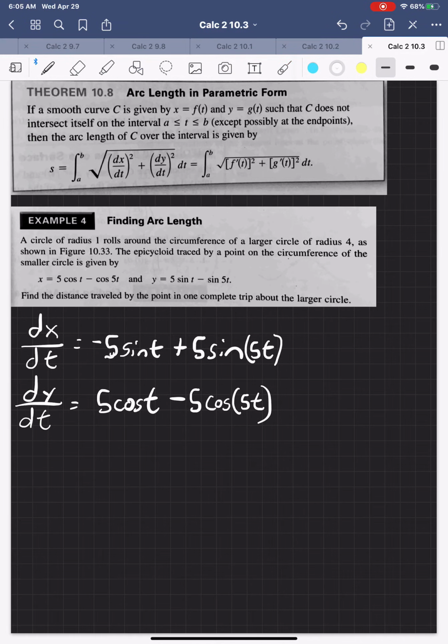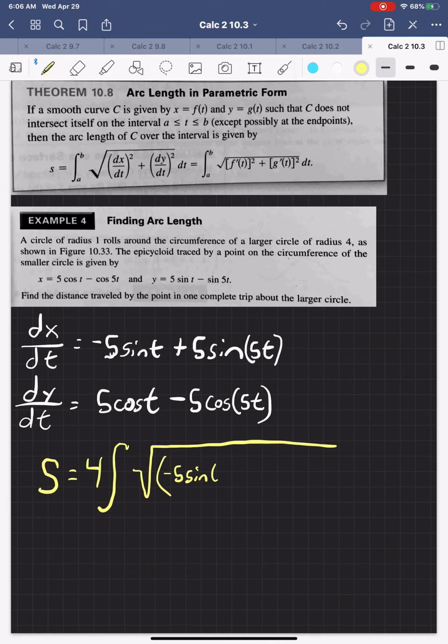All right, ready? Let me write the arc length formula. S is equal to 4 times, and if you have to rewind, you'll see where the 4 comes from. I'll give you the bounds in just a second. So the square root of, and you can see why I'm not going to do this by hand while I have you on video, because it's nothing super hard, just a lot of tedious work.